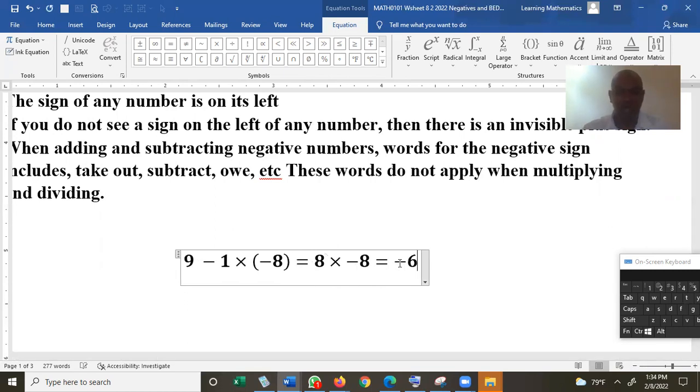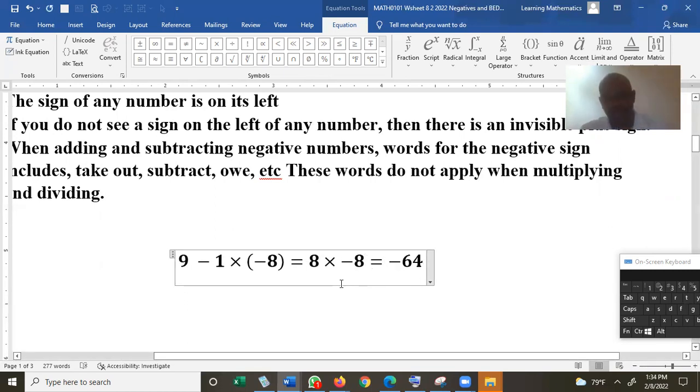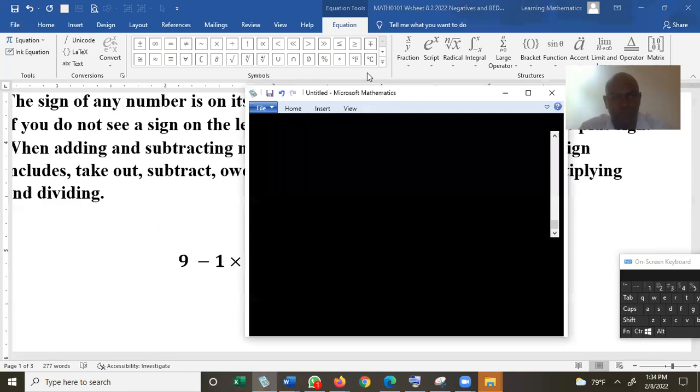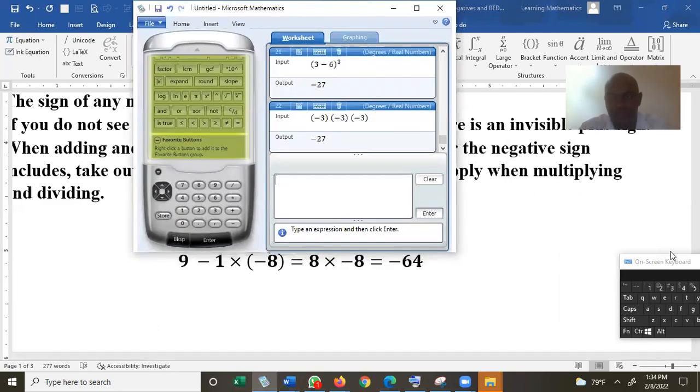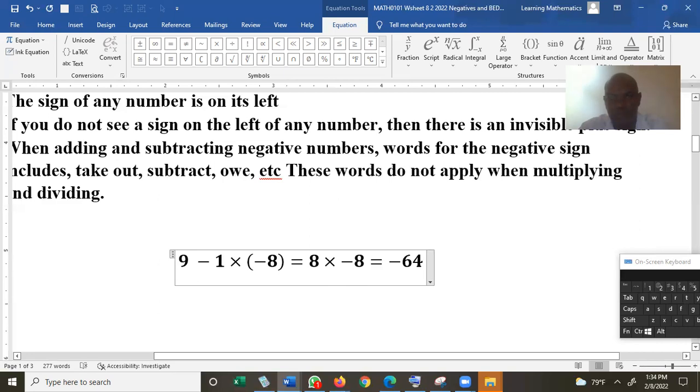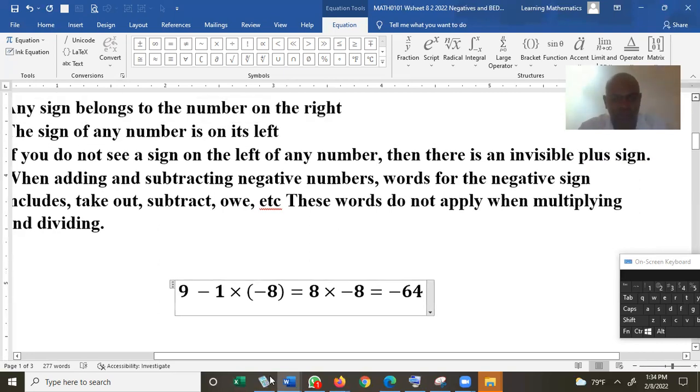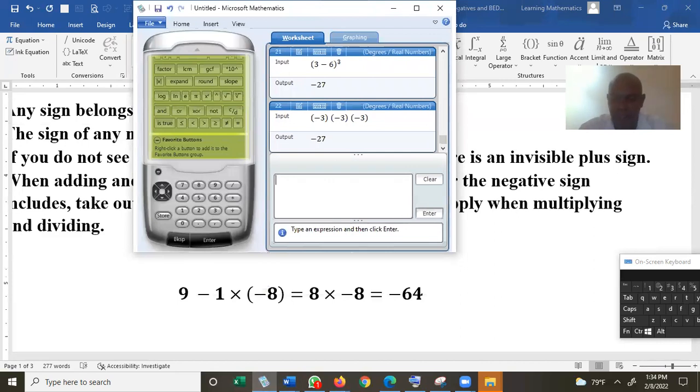The person who has a calculator, do you have a calculator? If you try it out in your calculator, here's my calculator. Nine minus 1 times open bracket negative 8 close bracket.